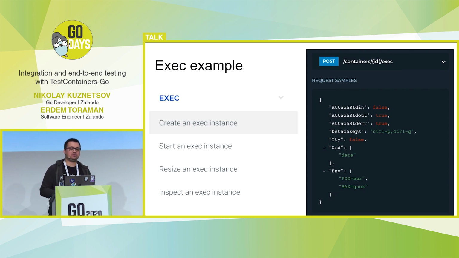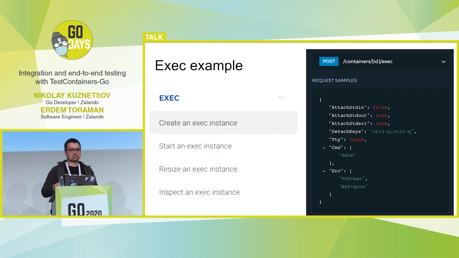This is an example from the documentation for the Docker REST API. For example, if you want to invoke a command inside the container, in this case the date command, first you need to create the command. It's not yet running, you just create it inside Docker.